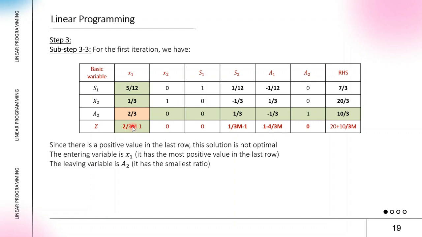The next entering variable is x1, because it has the most positive value in the Z row, and the next leaving variable is A2 because it has the smallest ratio of the right hand side to the pivot column entry. This sets the stage for one more round of row operations.